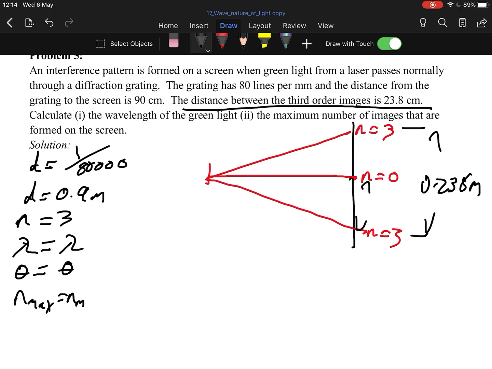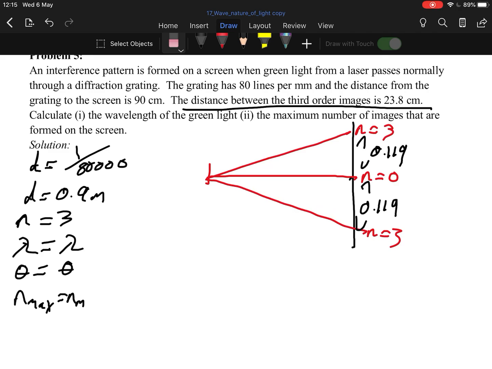So what would the distance from n0 to n3 be? It'd be 0.119. Now we're also told that our distance from the screen is 0.9.